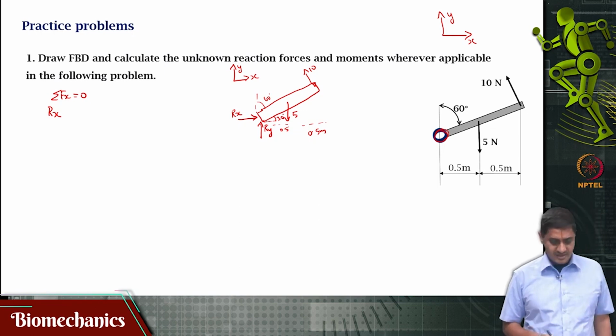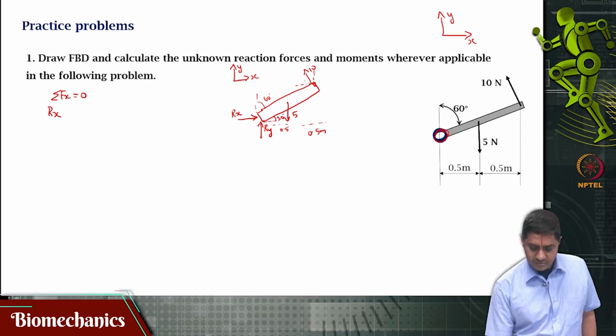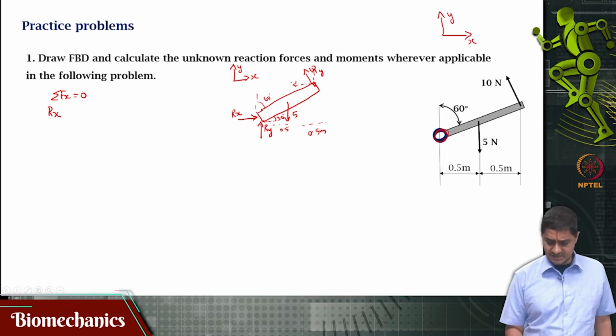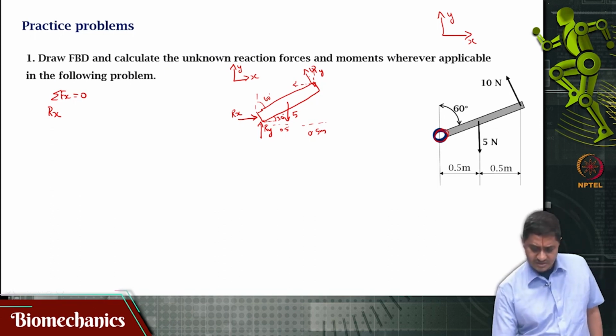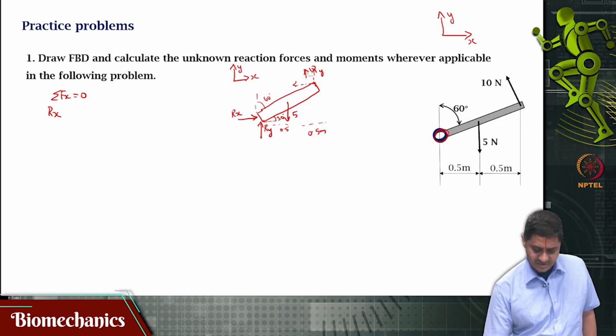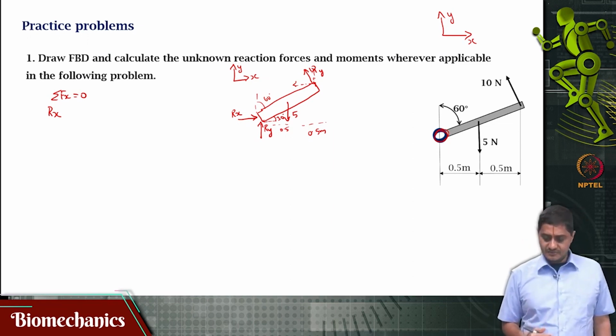The answer is yes, because this force I can resolve into two components, one in the y direction and one in the x direction. Actually, that will be a negative quantity in the x direction, right? Because the 10 Newton force is inclined like this, because of that reason, it will be along the negative x direction.